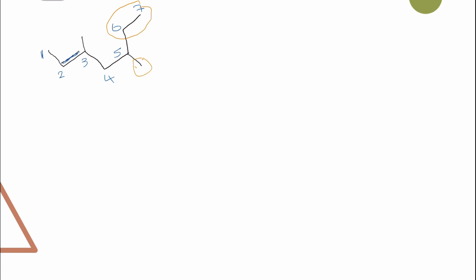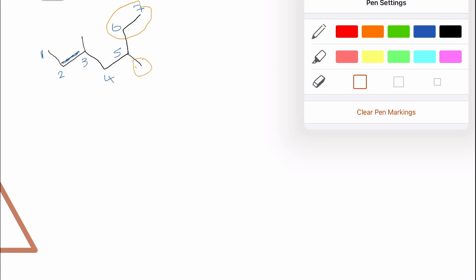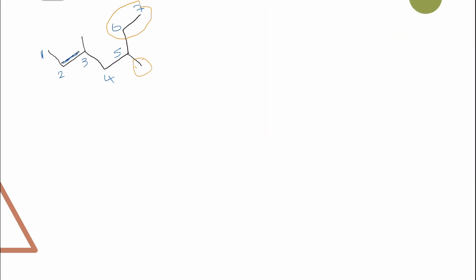So at the end you're going to have the 7 carbons, and the double bond in position number 2, so it's going to be 2-heptene, because we have the double bond here at position number 2. Now let's look at the different substituents.